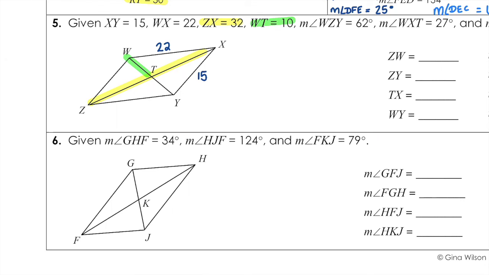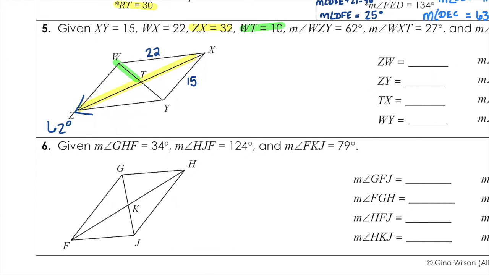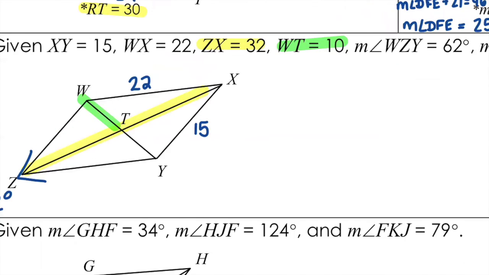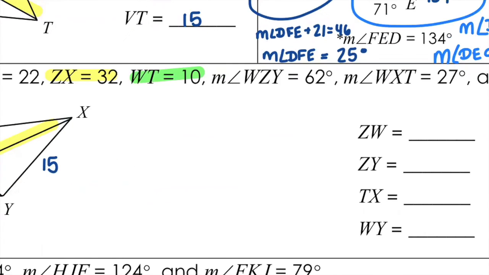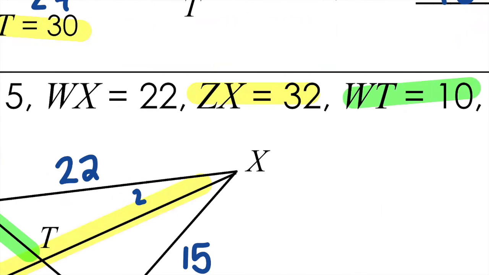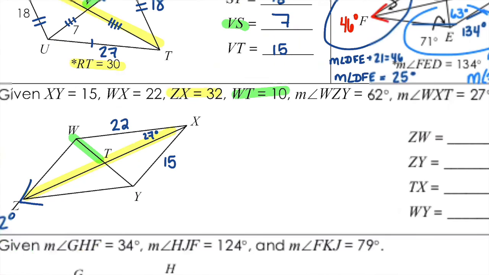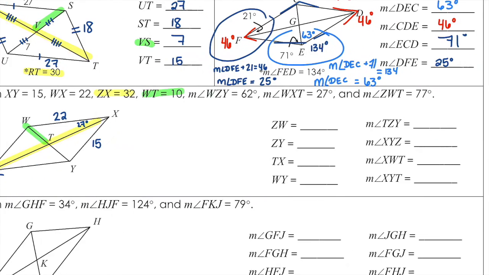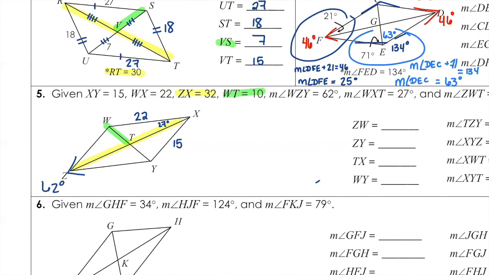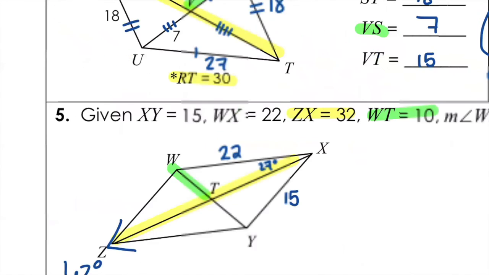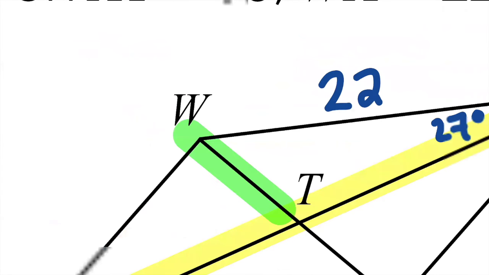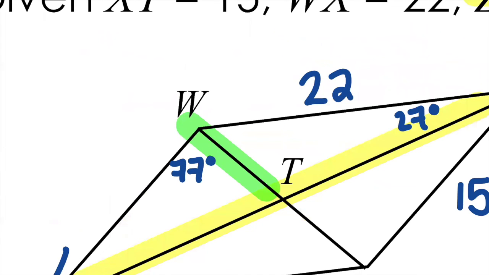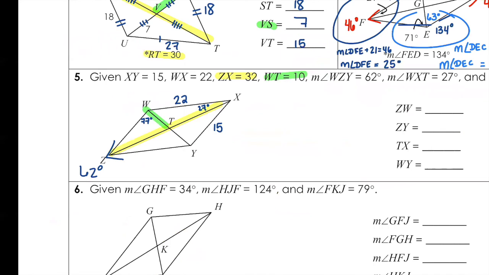WZY is 62. WXT is 27. And ZWT is 77. So we got a lot of missing pieces.